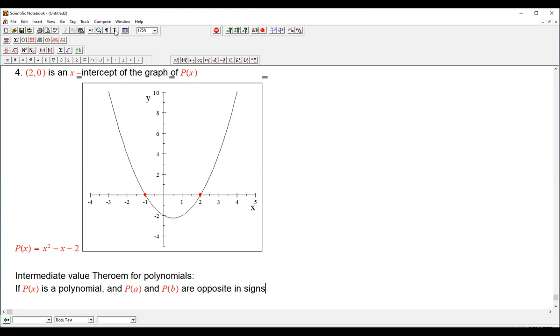Opposite in sign means one is positive and the other one is negative.